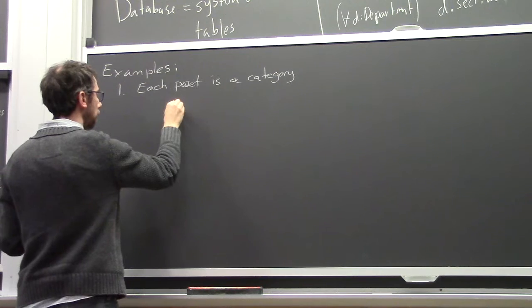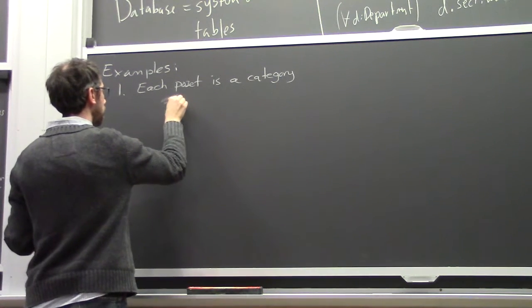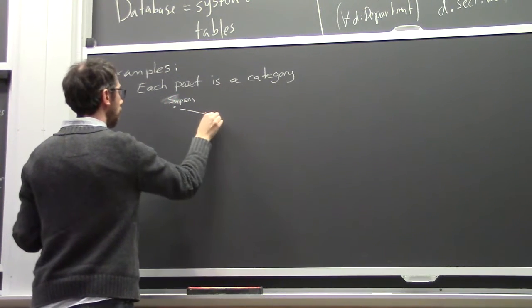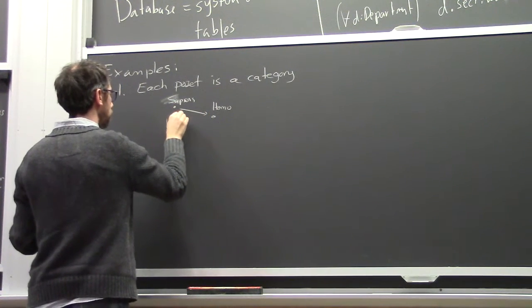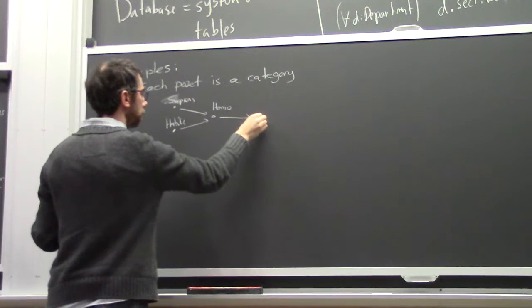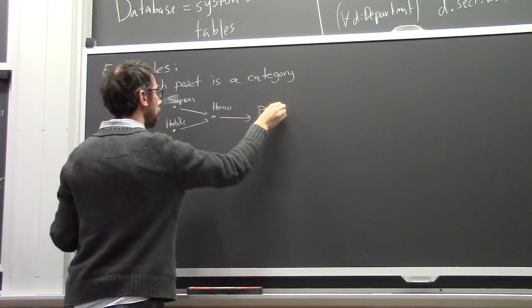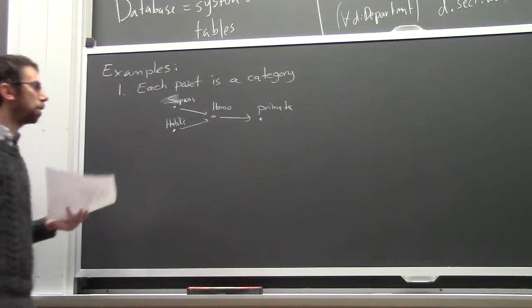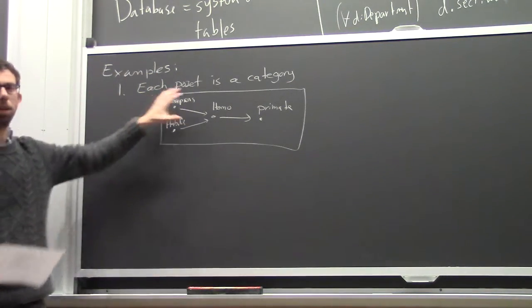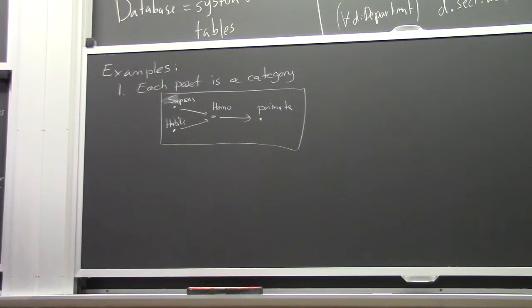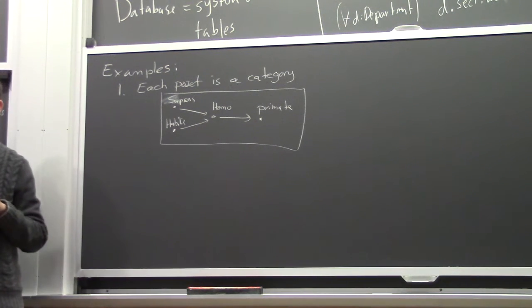He mentioned sapiens mapping to Homo, and habilis mapping to Homo, and these two primates, say. So here we have some kind of small preorder where this is the Hasse diagram. What are the objects, do you think, of this preorder as a category? If I said this is also a category, what are its objects? Any guesses?